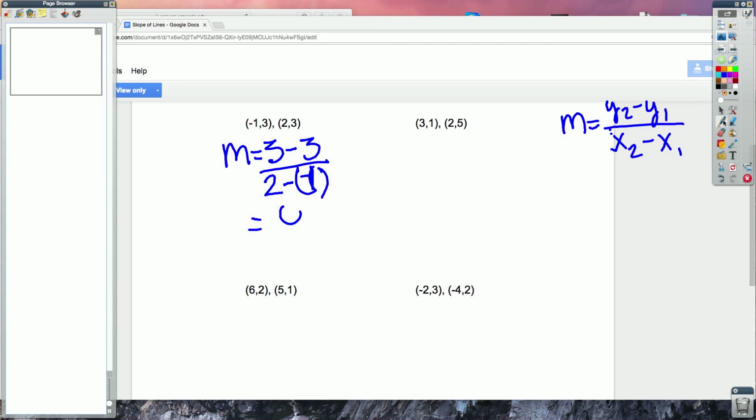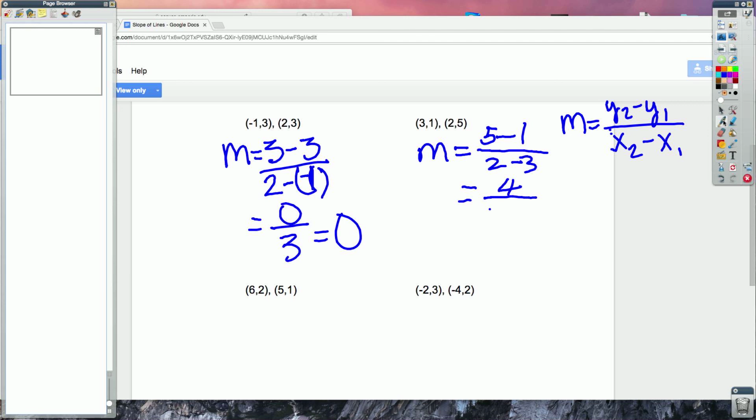So that equals 0 over 3, which is 0. Very good.